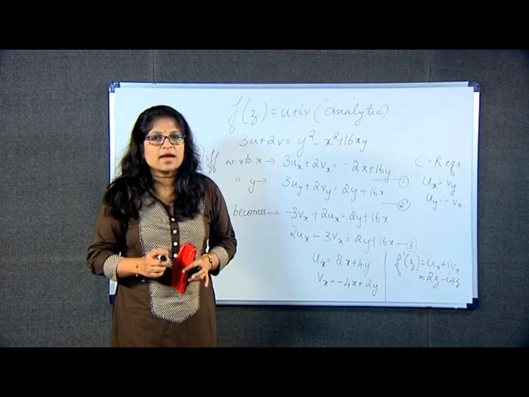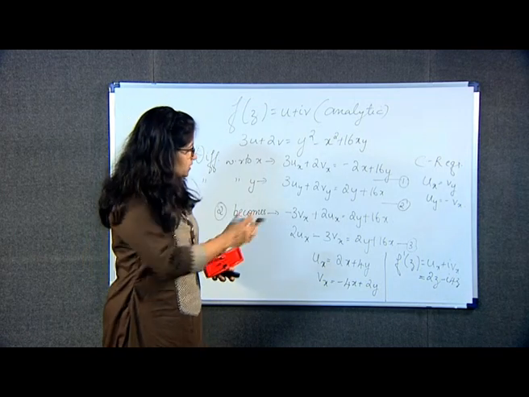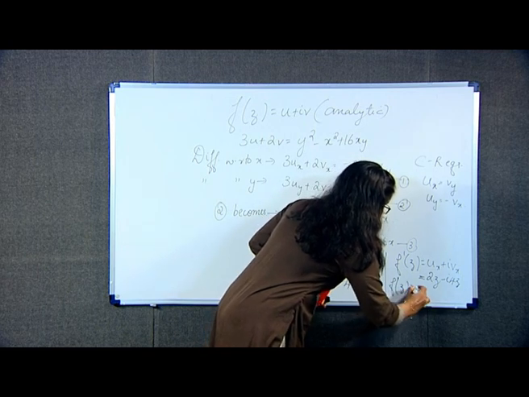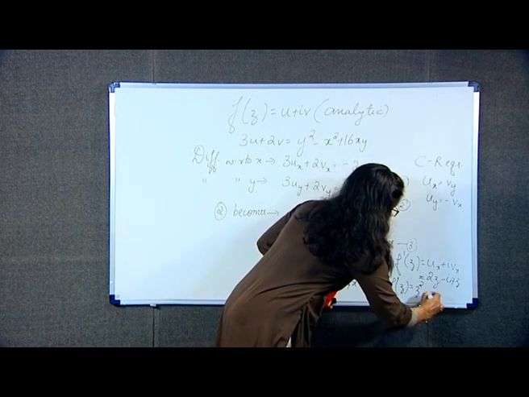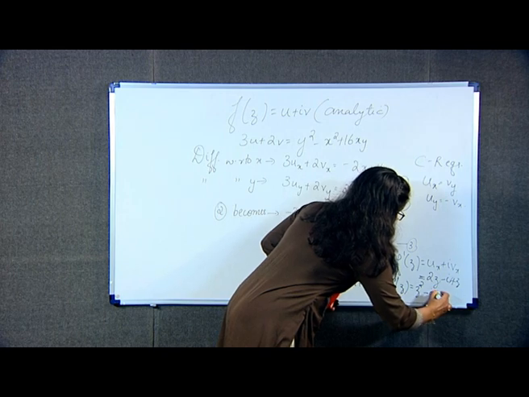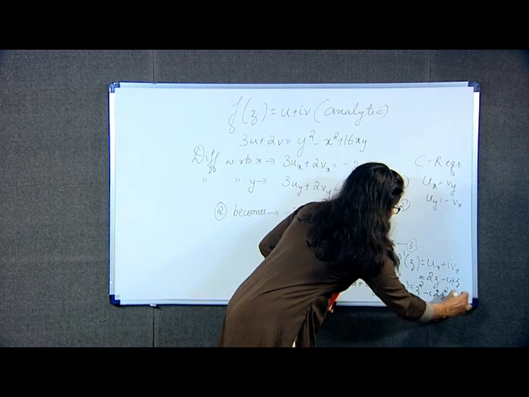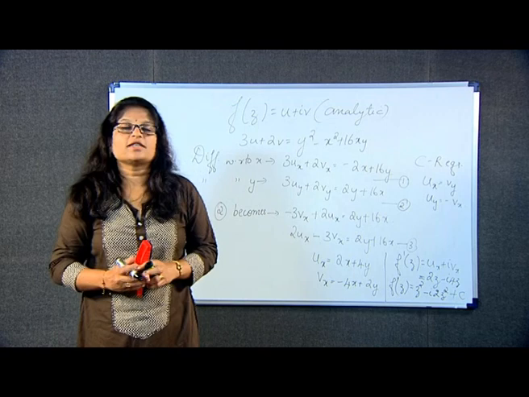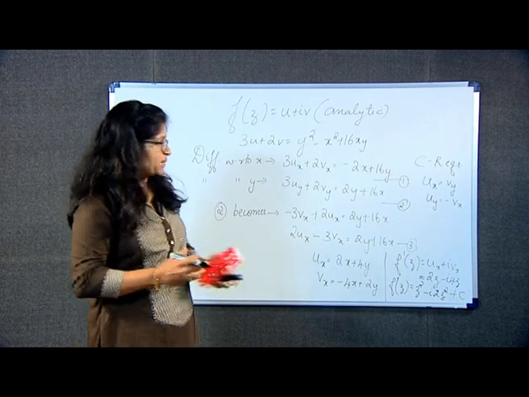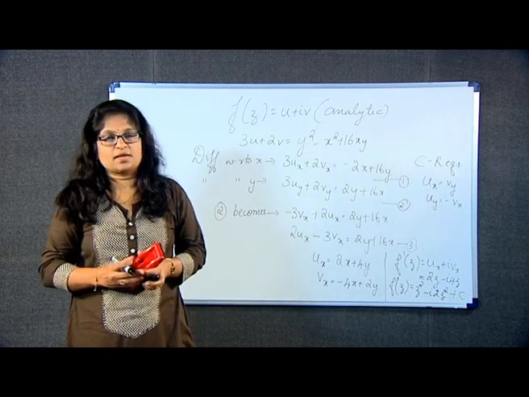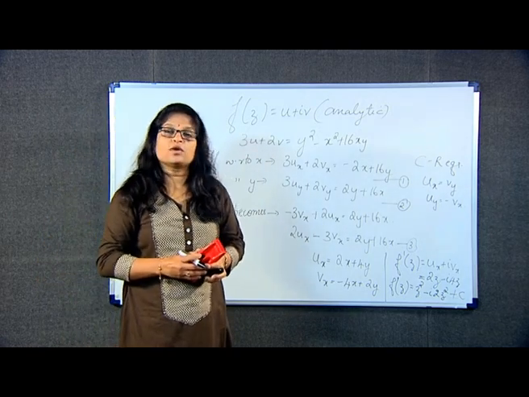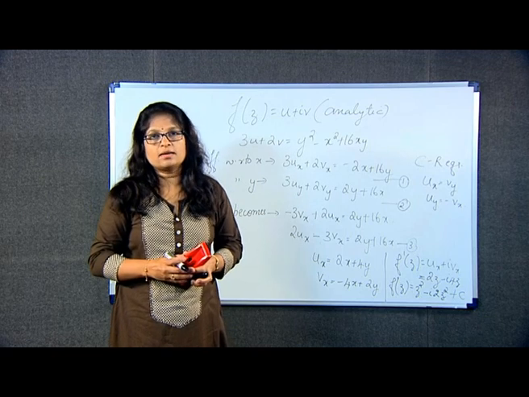To get f of z, I integrate it, which gives z square minus 2i into z square plus c, which is nothing but 1 minus 2i into z square plus c.